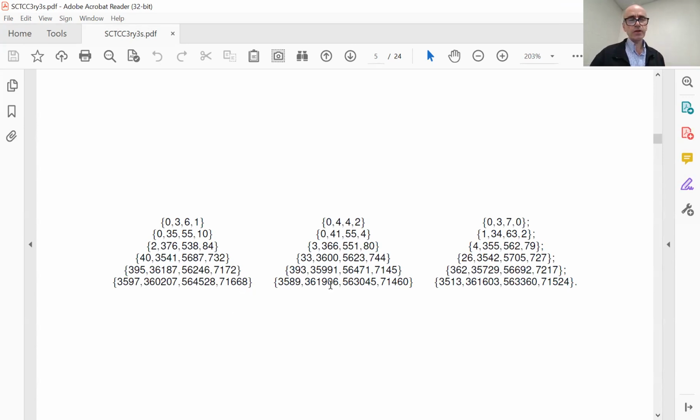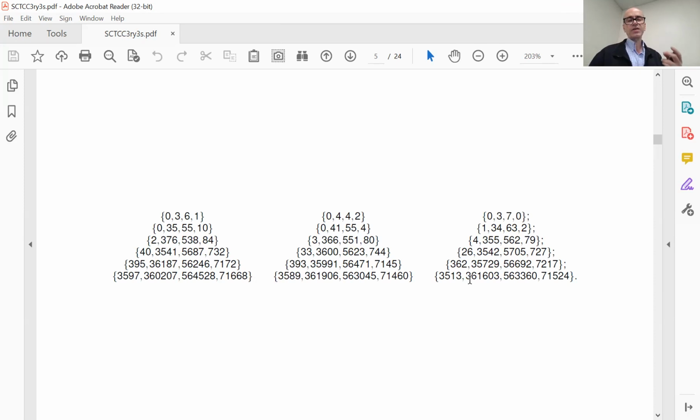And this is another run of the program. Of course, when you simulate, you are going to get slightly different numbers, but as you increase the sample size, they are getting closer.